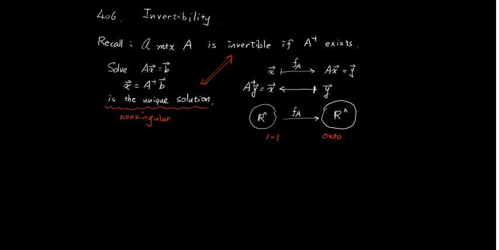So the following are equivalent. I just write it as TFAE, which means that the following things are all the same. If A is invertible, then we have several conditions. The range of f_A, which is basically the column space of A, should occupy all the vectors in the codomain.